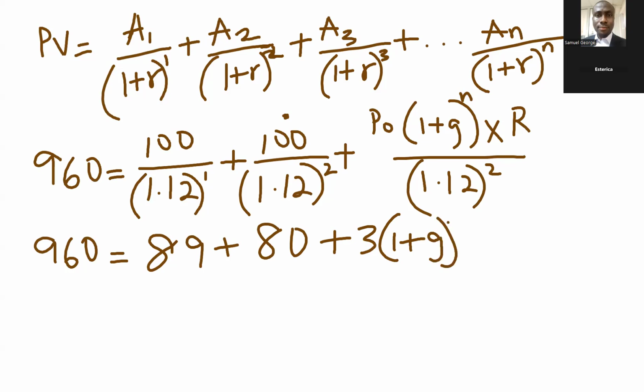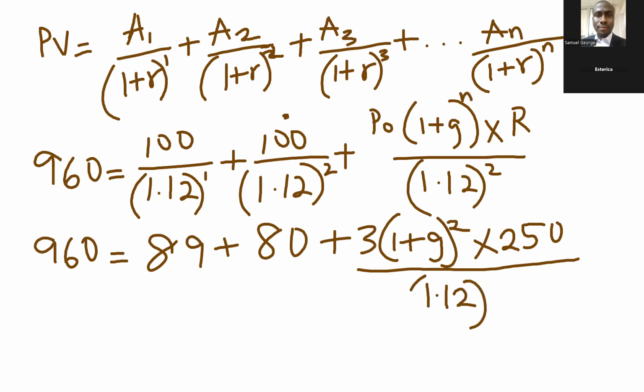N is 2 because it is raised to power 2, because the option to convert will lapse in 2 years. The conversion ratio is 250. So for every 1,000 bond, you collect 250 shares, divided by 1.12, that's our DCF, discount factor, raised to power 2, because we are still in year 2.